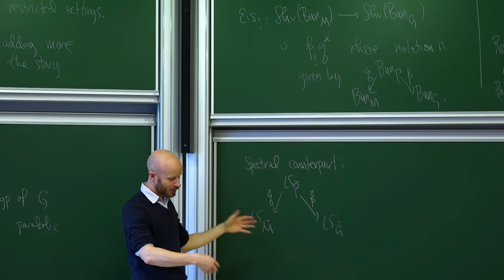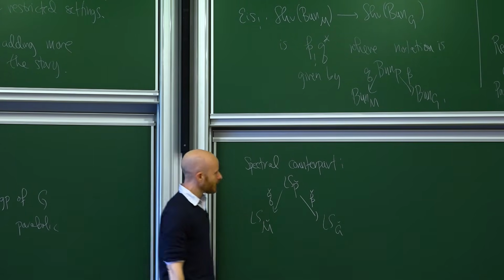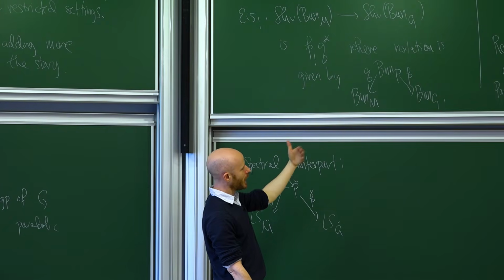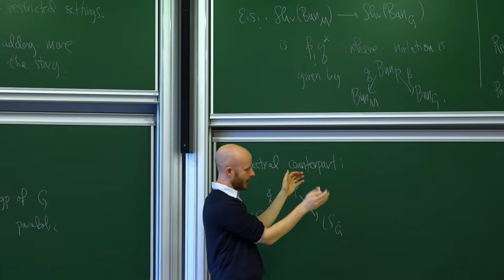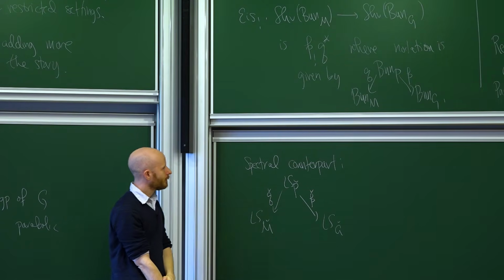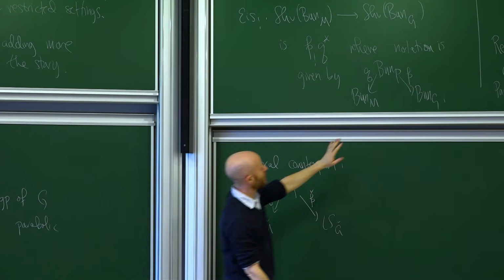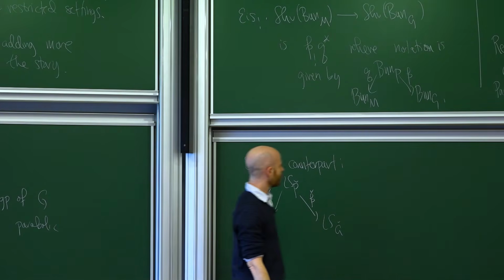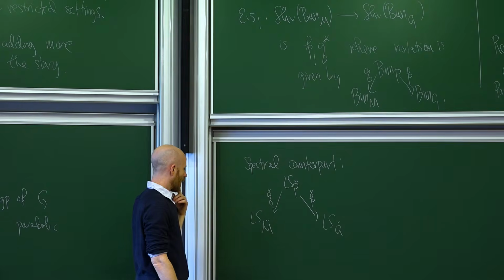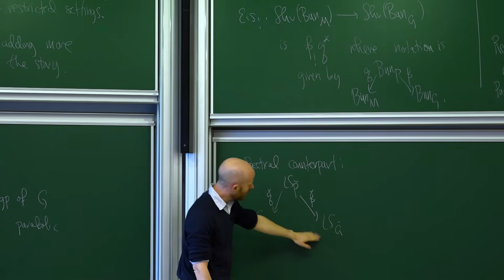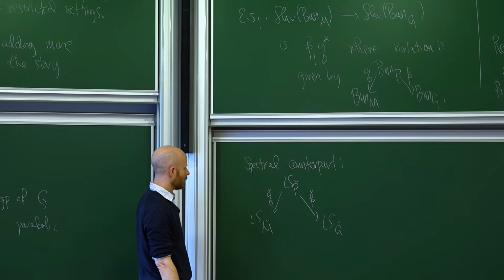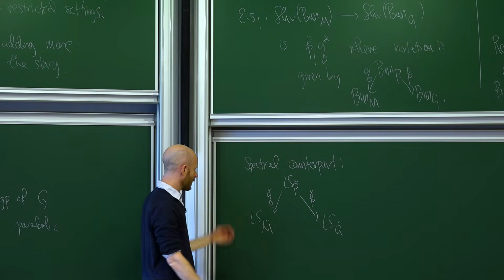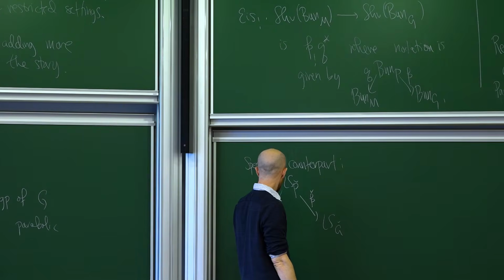In the case of GL2, you can find flags where the degree of the subbundle is as negative as you want it to be. So this map is highly surjective. In this case, this map is not at all surjective, so anything that's in the image is going to be a reducible local system. So the picture is formally the same, but the actual geometry is quite different.